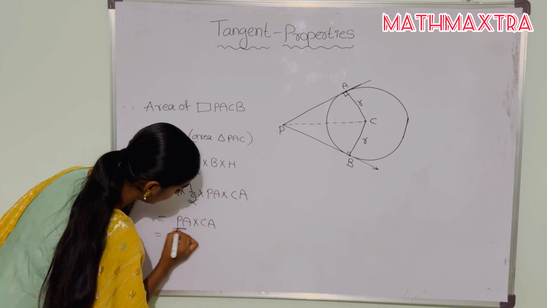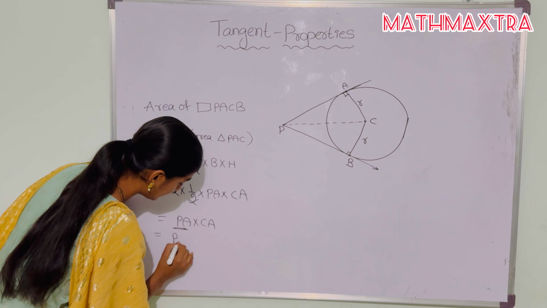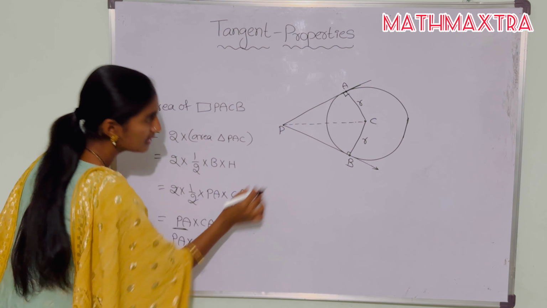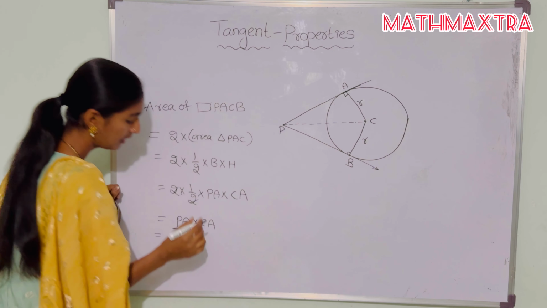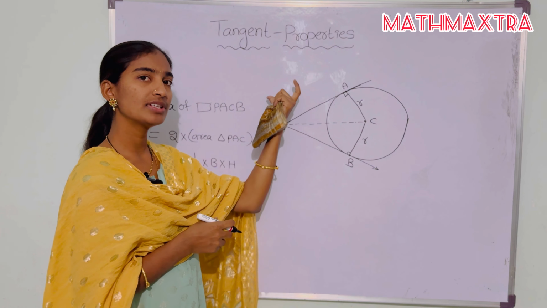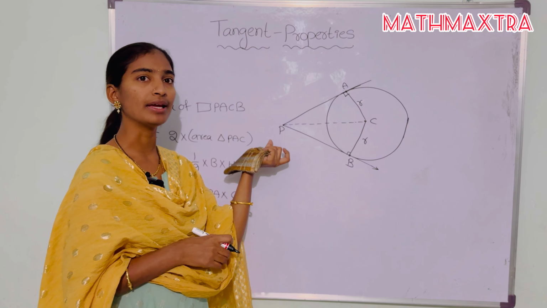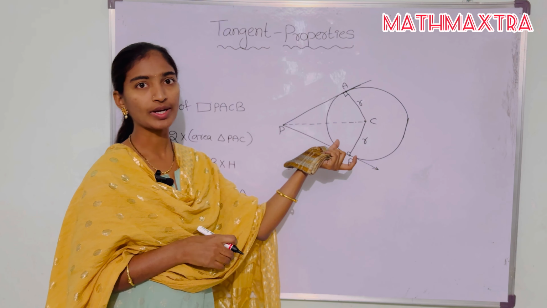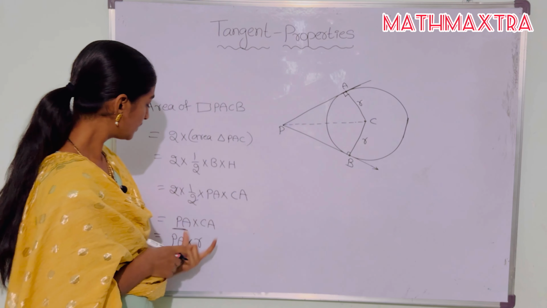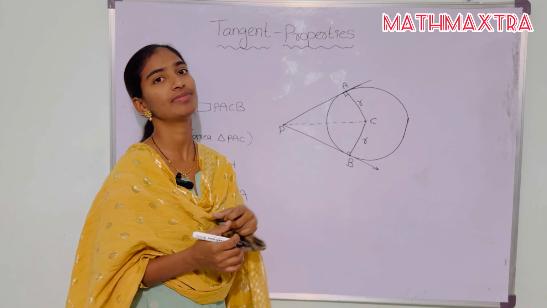What is PA here? This is nothing but the length of the tangent, and CA is the radius of the circle. Means if you know the radius of the circle and the length of the tangent, you can find the area of a quadrilateral formed by two tangents and two radii. So this is simply the product of the length of the tangent and the radius of the circle.